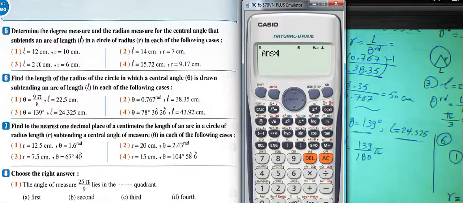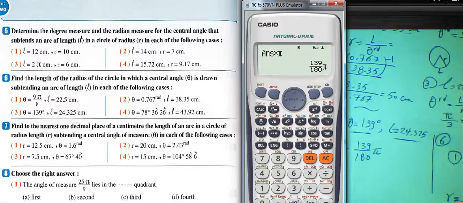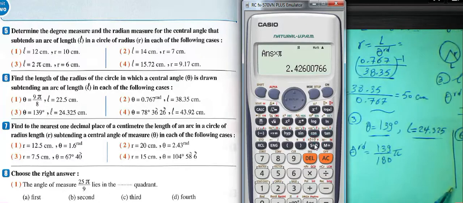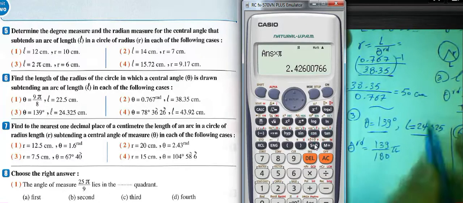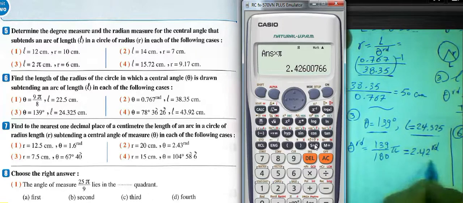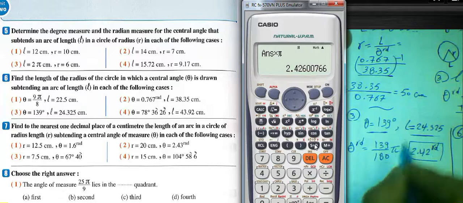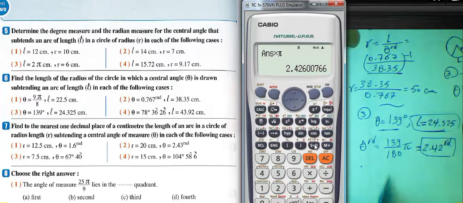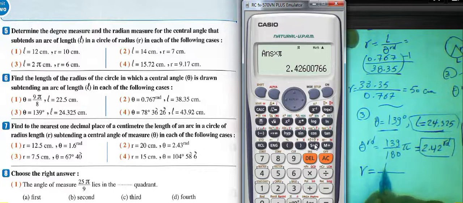To convert this angle from degree measure to radian measure, the result will be 2.42 radian. Okay, and we can find the radius. The radius will be L over theta radian.